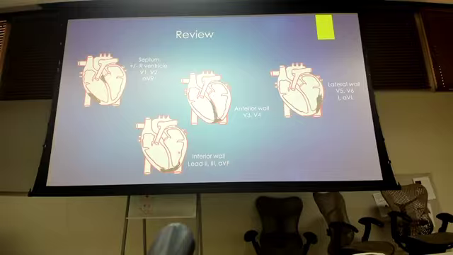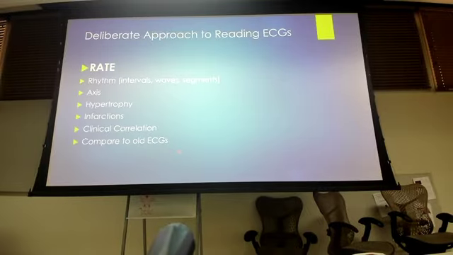So get a real brief understanding of the question, then look at the answers, because otherwise you're going to read that stem and realize it's just asking what's the rate, and you wasted all this time reading a giant stem. So look at the question first, look at your answers, and then gather more information from the stem.